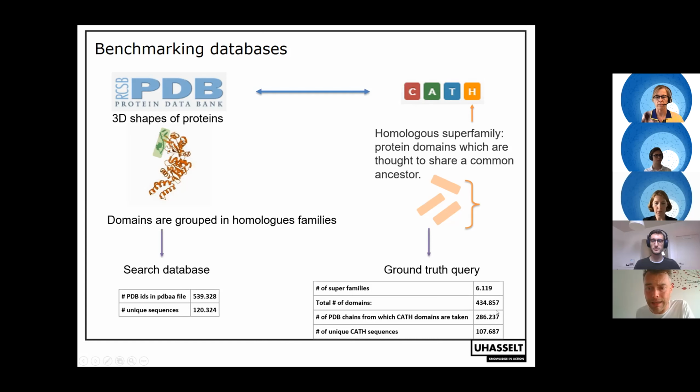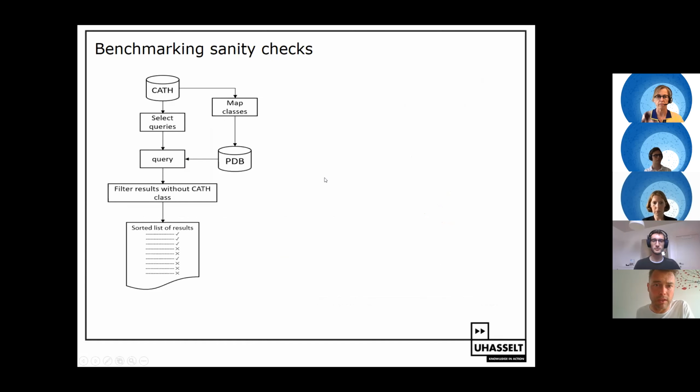And we see already that not all protein IDs in the PDB are included in the CAT. So we had to build in some sanity checks to make the PDB look like the CAT database. I will not go into too much detail, but I will show a slide anyway, and I can answer questions later on. To cut a long story short, by post filtering, we made the CAT IDs be present.